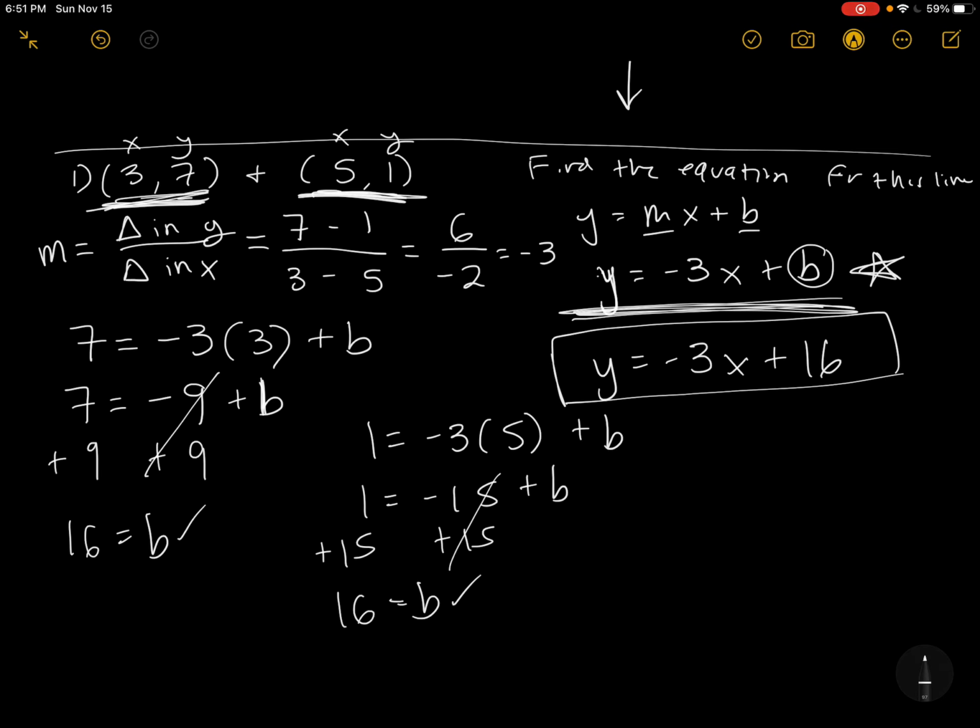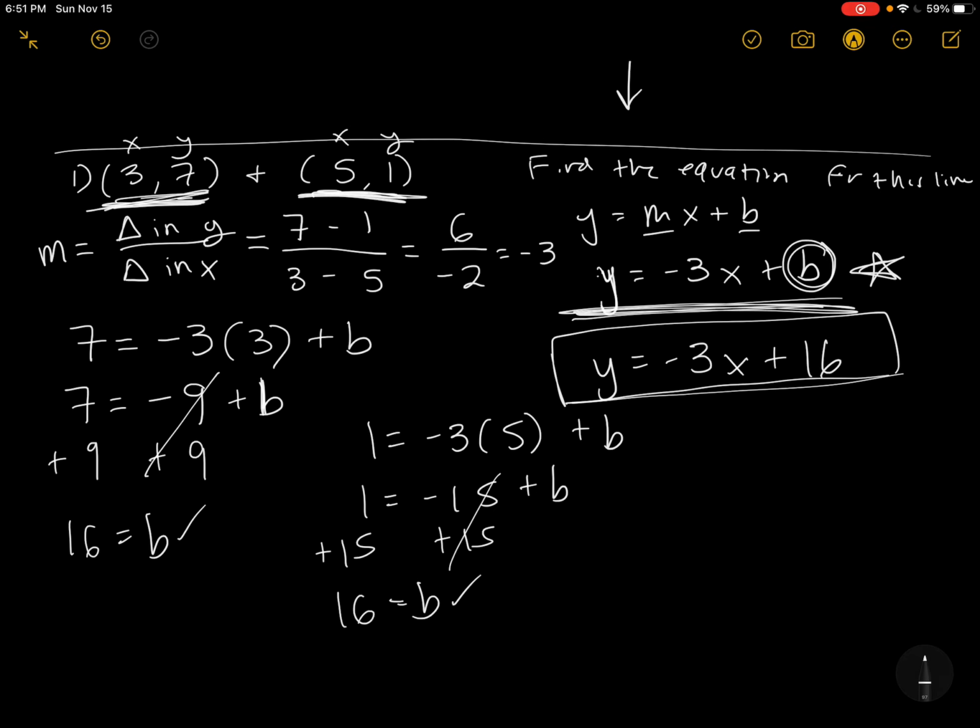So you can pick whatever point, because remember, all the points that are given to you are all part of this line. They're all solutions. So it doesn't matter which point you decide to pick. You can plug it into x and y and solve for that b, and we got 16. And there we go.